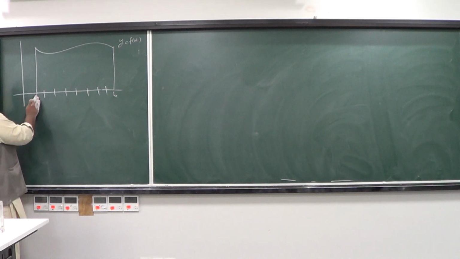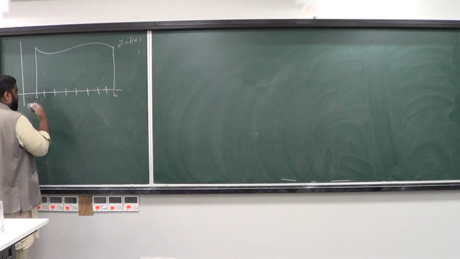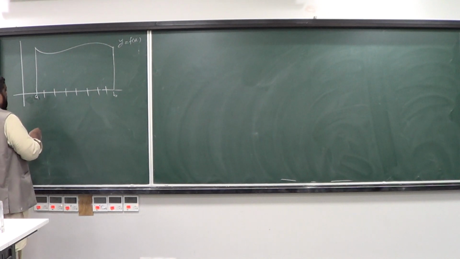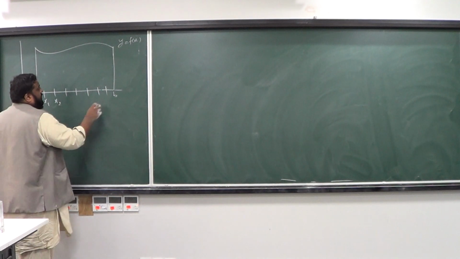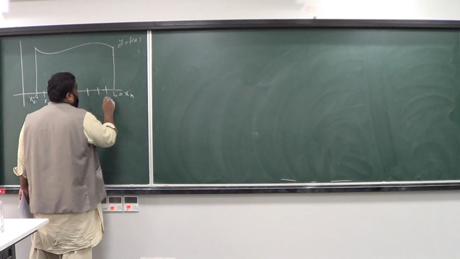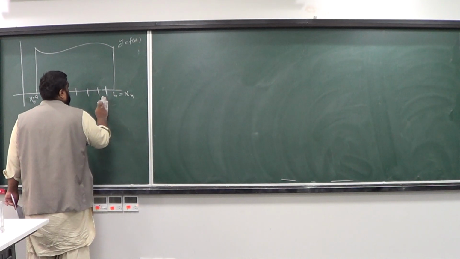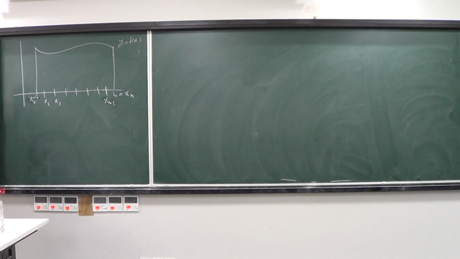Give them names: x0, x1, x2, and so on. This last one is xn, and call this xn minus 1.